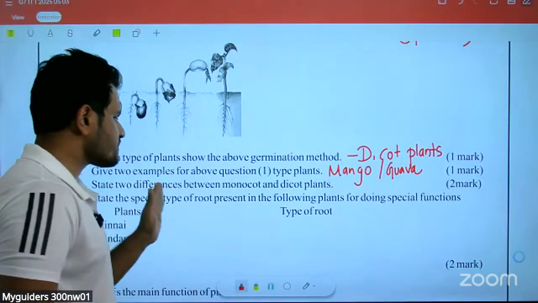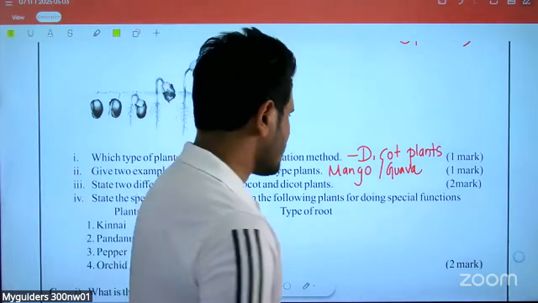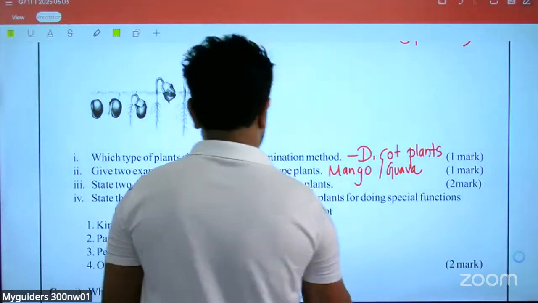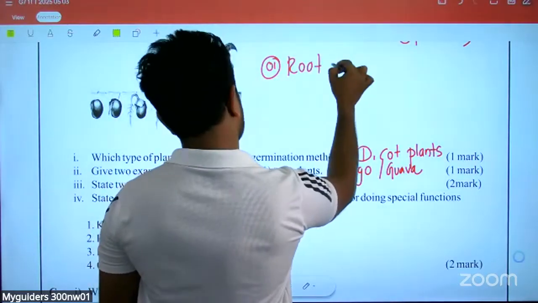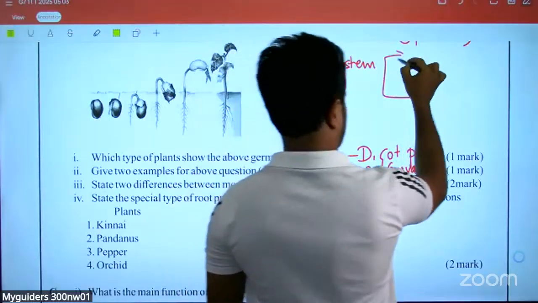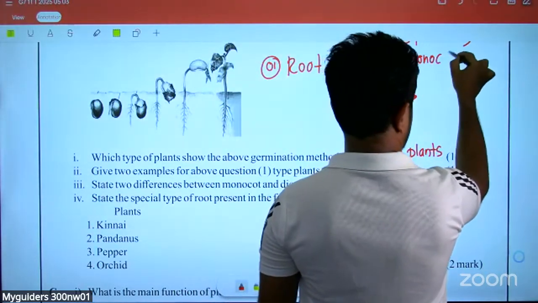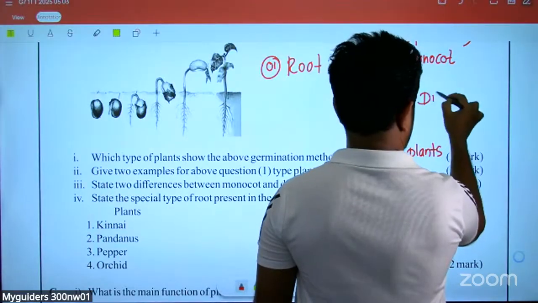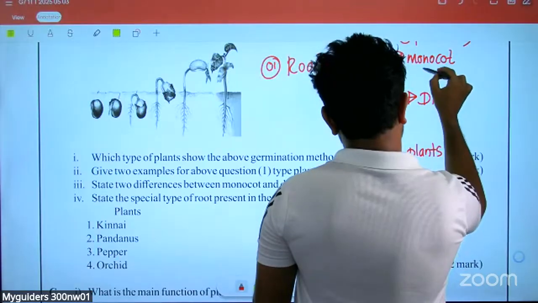Say two differences between monocot and dicot plants. Two differences, අයියෝ කියන්න පුළුවන් මොනවාද? One is the root system. මොනොකොට් එකේ තියෙනවා, ඒ වගේම ඩයිකොට් එකේ තියෙනවා මොනවද root system ගත්තොත්.